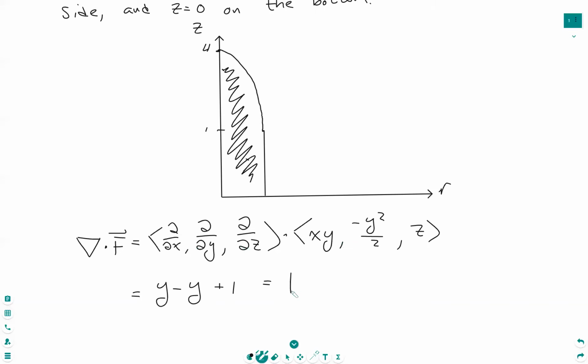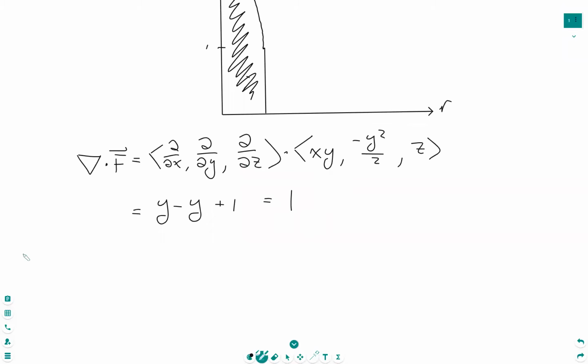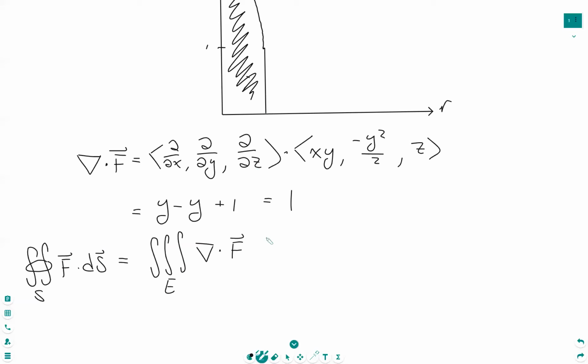So this just gives me that the divergence of F is just 1. So using Gauss's theorem, I can say that the surface area integral over this closed surface of F dot dS is equal to the triple integral over the region E of the divergence of F dV.